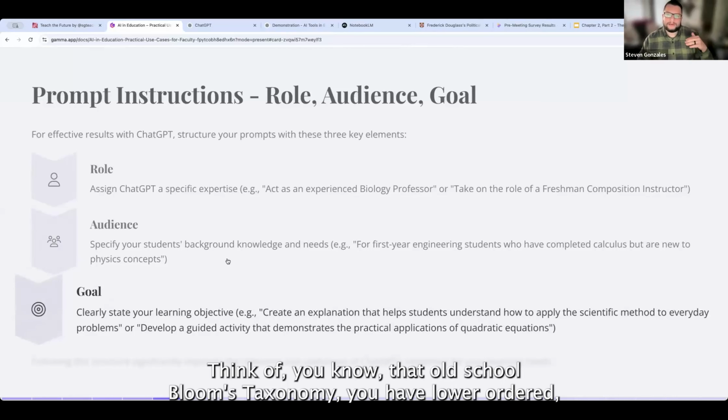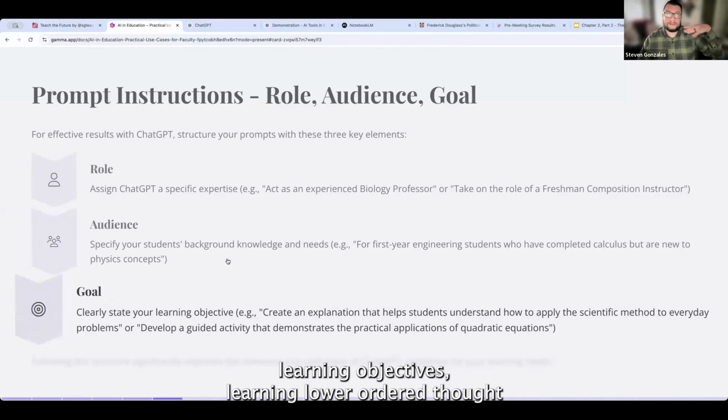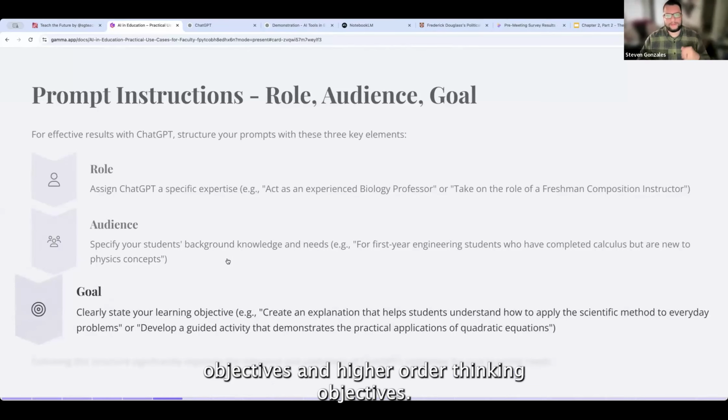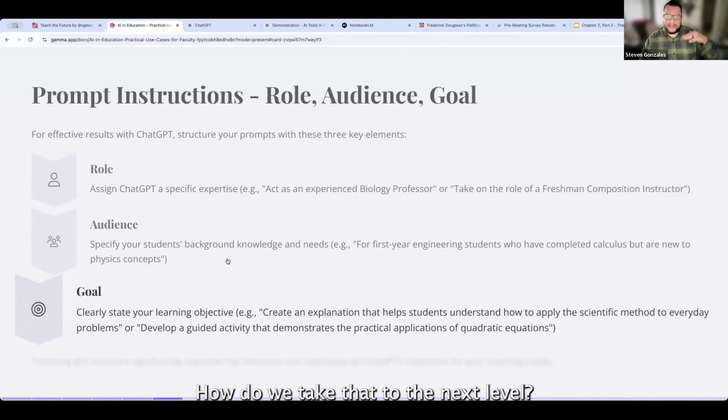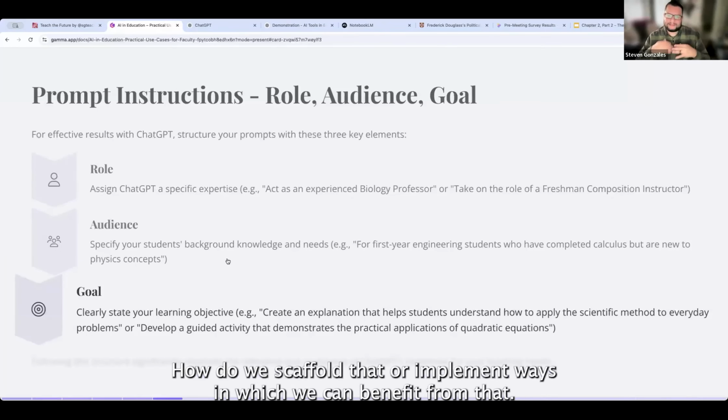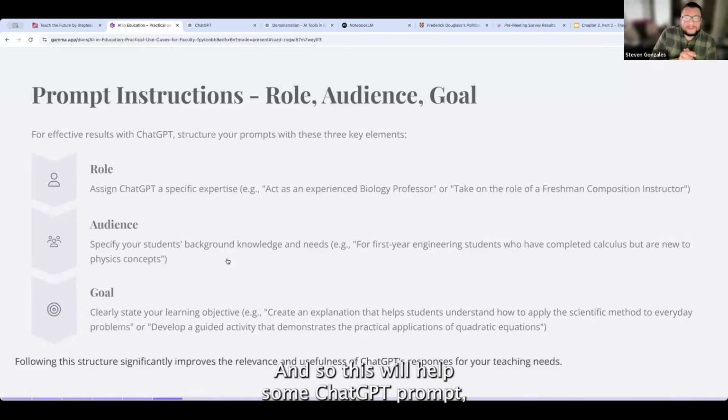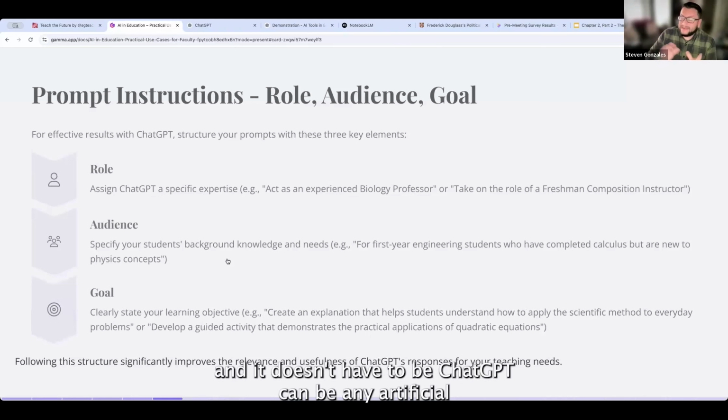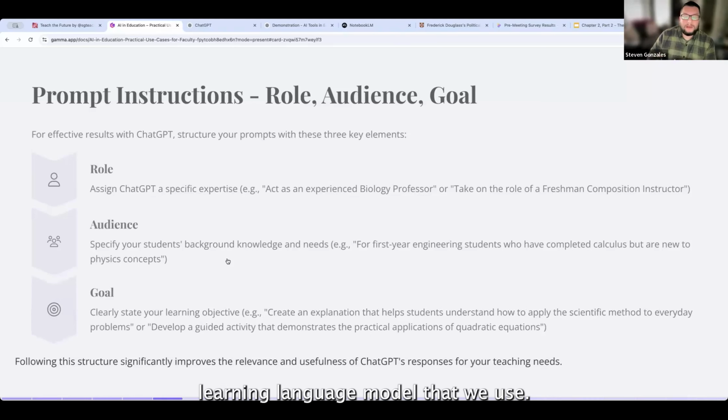You have lower order thought objectives and higher order thinking objectives. How do we take that to the next level? How do we scaffold that or implement ways in which we can benefit from that? And so this will help your ChatGPT prompt, and it doesn't have to be ChatGPT, it can be any artificial learning language model that we use.